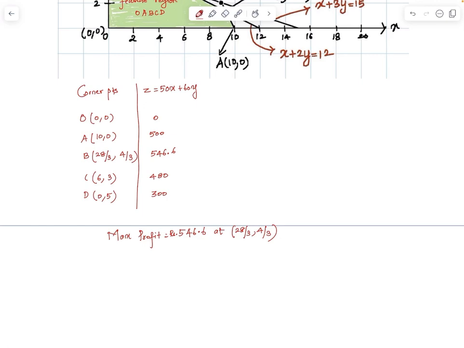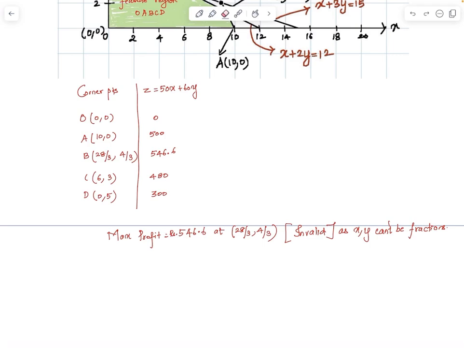Now this 28 by 3 and 4 by 3 are nothing but the x and y. X is the number of type A circuits and y is the number of type B circuits, which represents a quantity. A quantity cannot be in fraction. So this answer stays invalid as x and y can't be fractions.